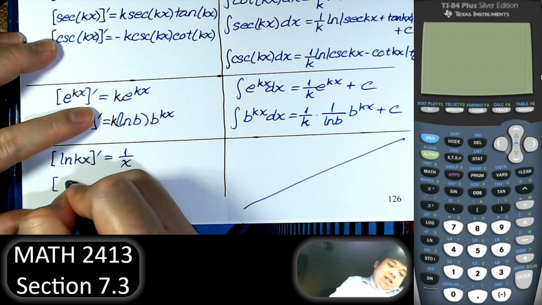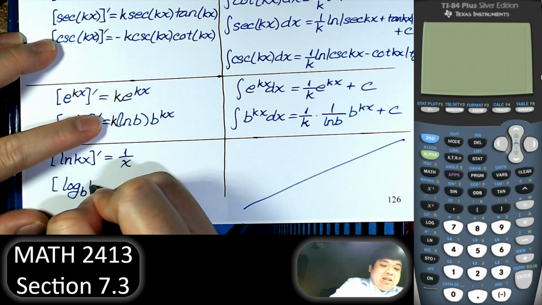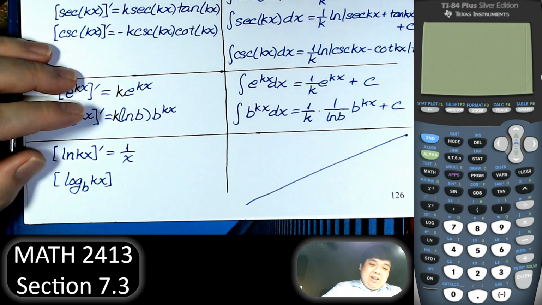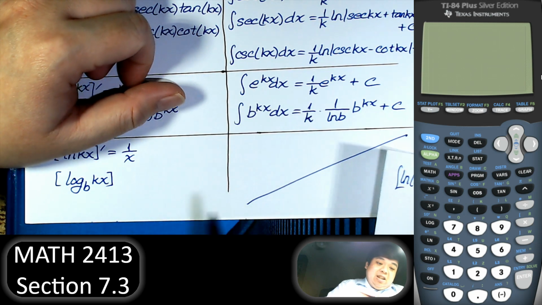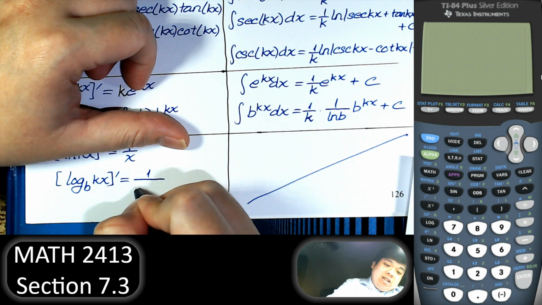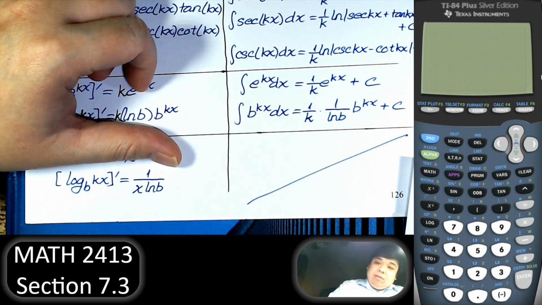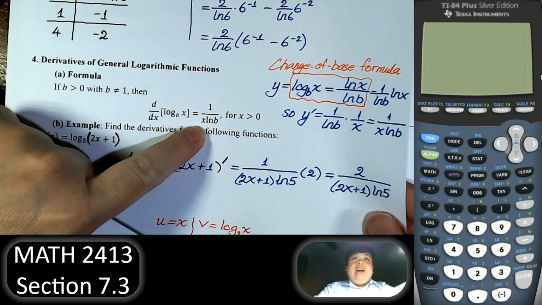Of course, then we have the same thing. Log base b of kx will be same thing as log base b of k plus log base b of x. So the k here doesn't really matter. We just have 1 over x and divide by the base. Yeah, that's what we have.